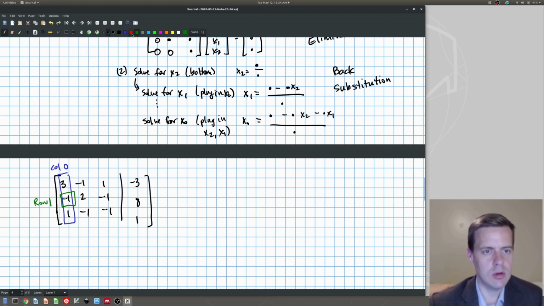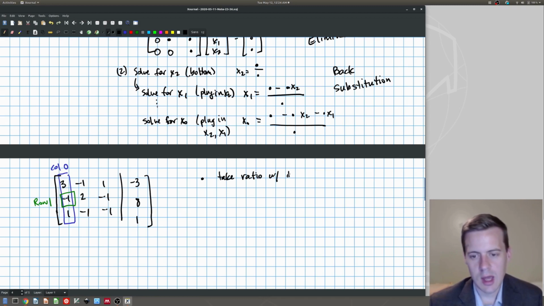So column 0, row 1, that's what I'm going to do first. And I'm going to take the ratio with the diagonal. The ratio with the diagonal here is minus 1 divided by 3. So I take that ratio, minus 1 over 3.